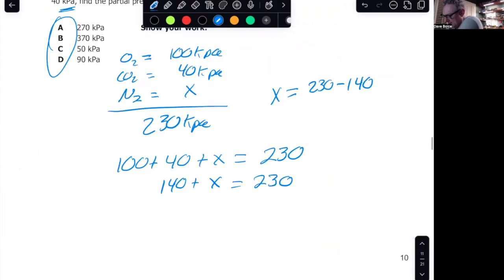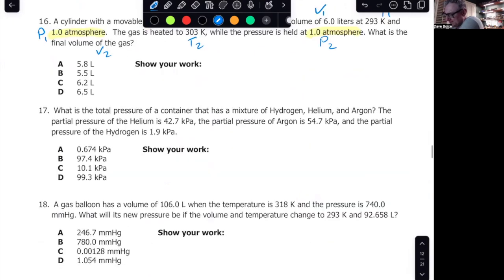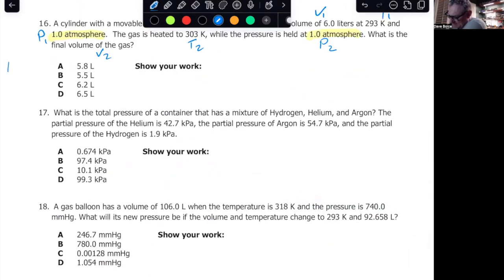And here's a good way to do it: PV over T. If I don't need to worry about pressure, I'm just left with V over T. So I'm going to think V1 over T1 equals V2 over T2.